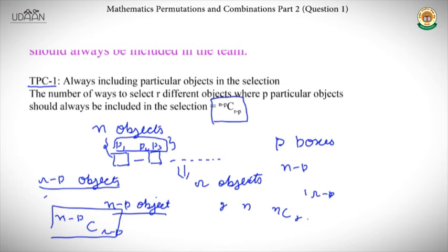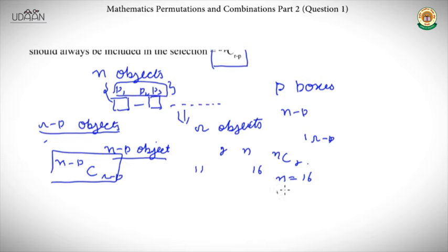So when the question says that we have to select 11 players for the team from 16 players, here we can say our n is 16. r we have as 11, as we have to select 11 players. And there are two specific players that are always selected.